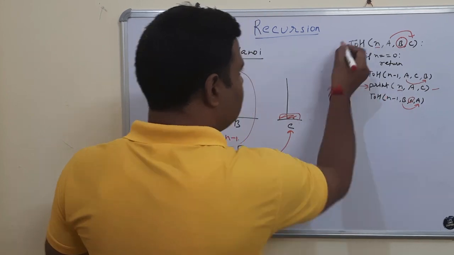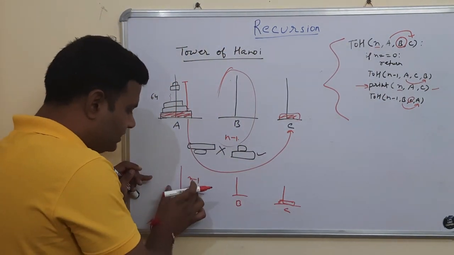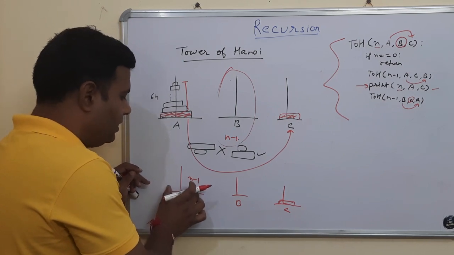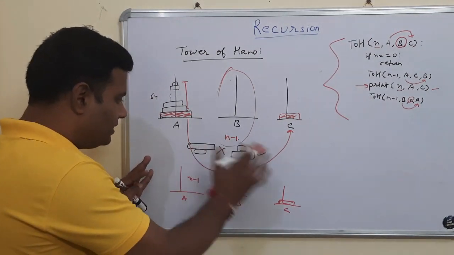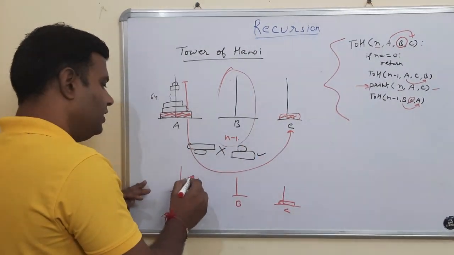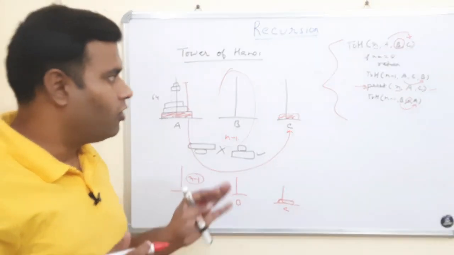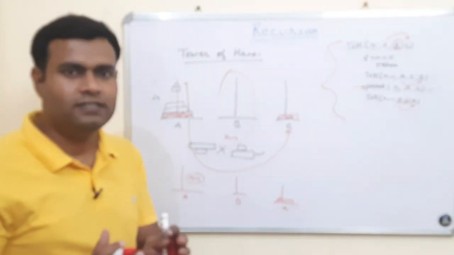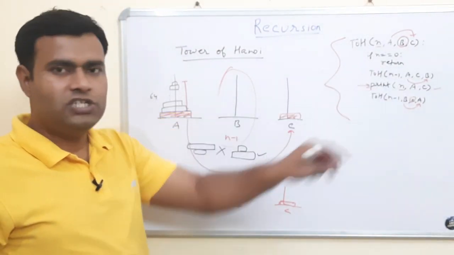With this, we have moved the highest radius disk to the right place, and made the problem the same again, reducing the problem size by one disk, with the base condition n equal to 0.